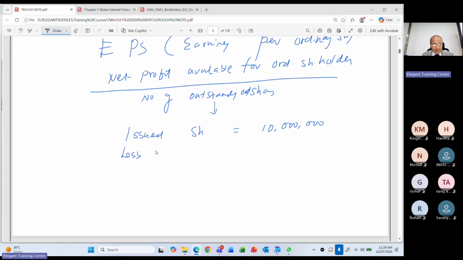Less shares bought back. The company also can buy its shares back from the market, like the company sold to the public, the company can also buy it back. That's called treasury stock.